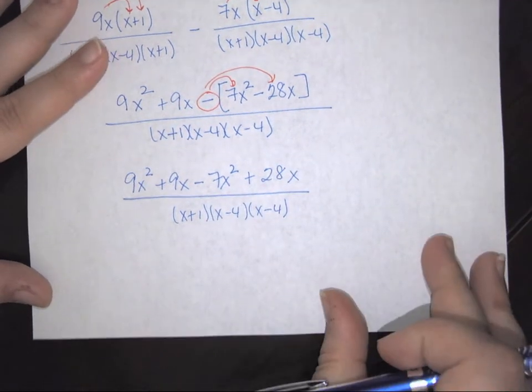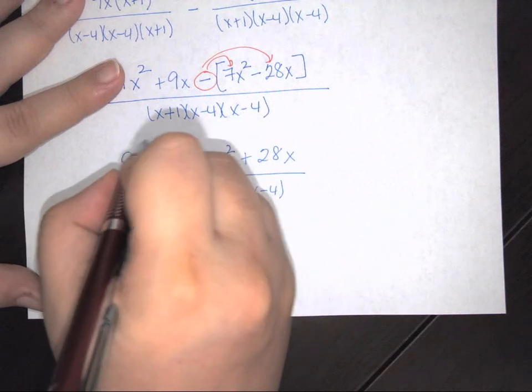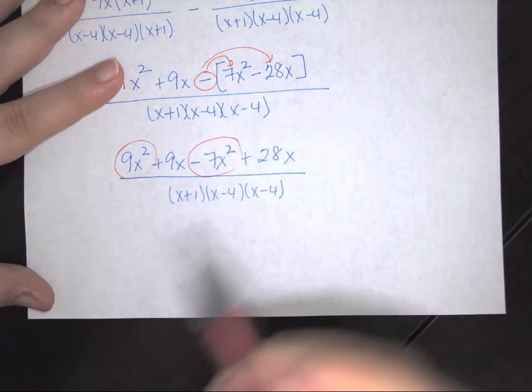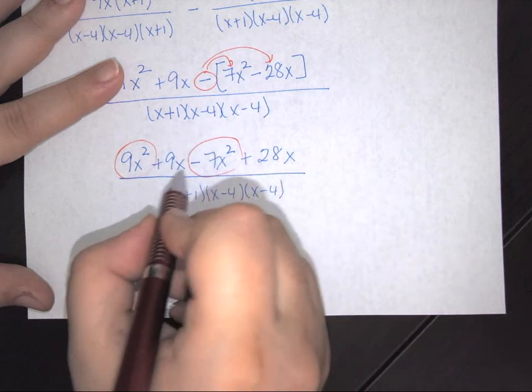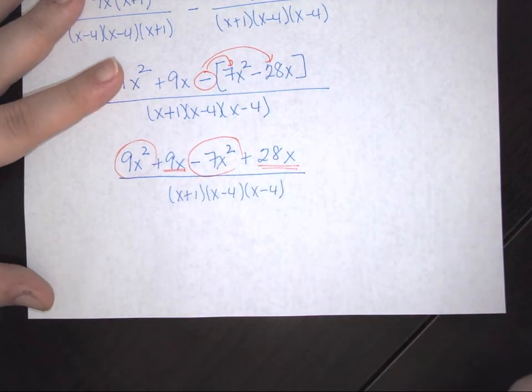And then the last thing I need to do is combine my like terms. So I have negative 7x squared and 9x squared, and then I have a 9x and a 28x. So I have to combine those together.